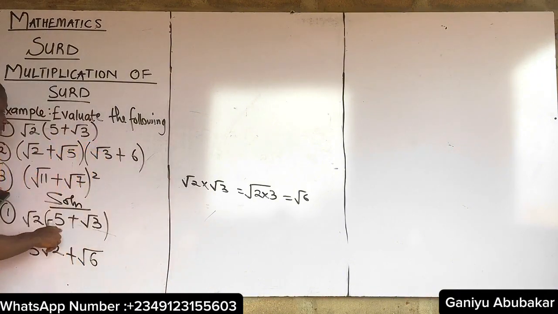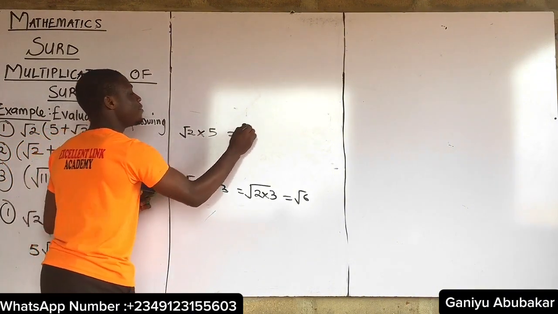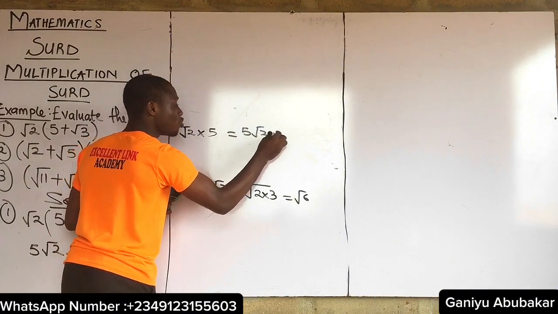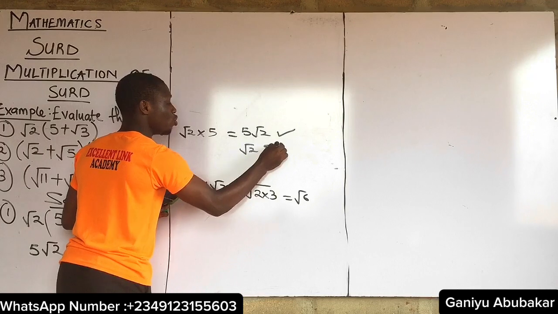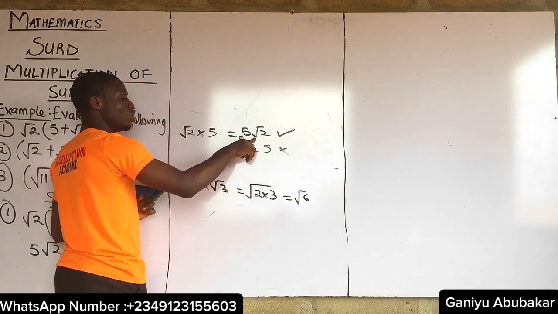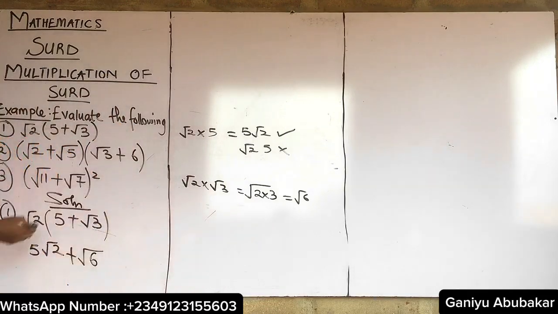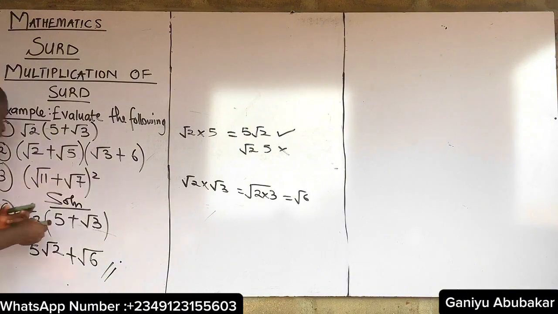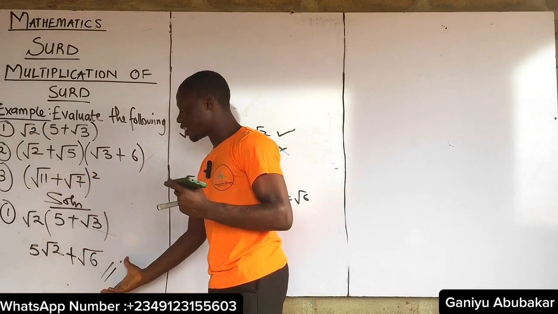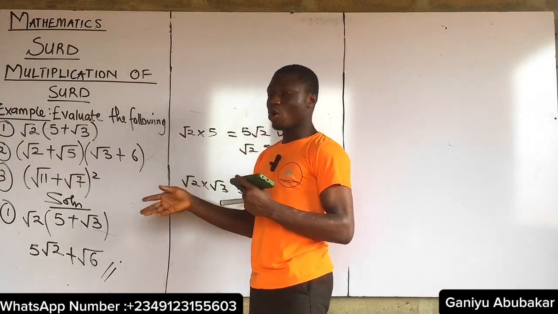This is wrong, and this is the correct one. The number comes first, before the root of that number at the back. This becomes my answer after simplifying. So if I expand this through, I'll have this as my answer. This is the idea behind multiplication of surds.